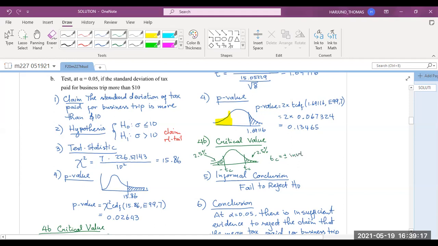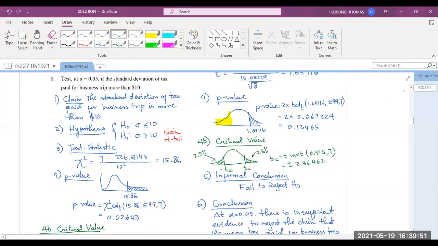In first t, the area to the left, 0.975, degrees of freedom 7. I get 2.36462.